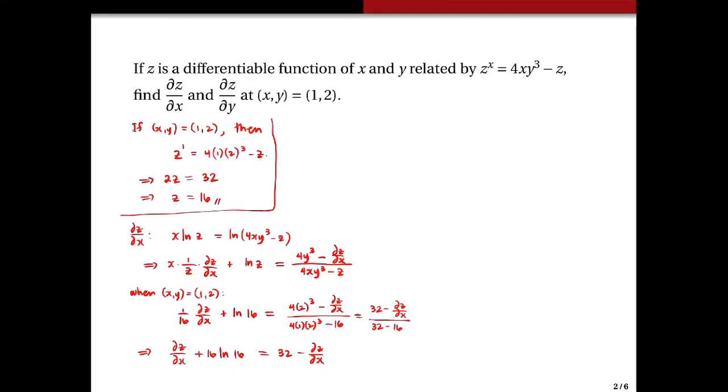And if we isolate the partial of z with respect to x, this will give us twice the partial of z with respect to x equals 32 minus 16 ln of 16. And finally, we divide everything by 2. We'll just have the partial of z with respect to x equals 16 minus 8 ln of 16.